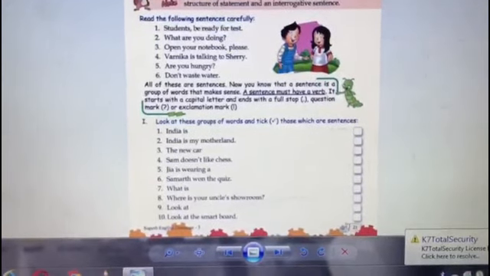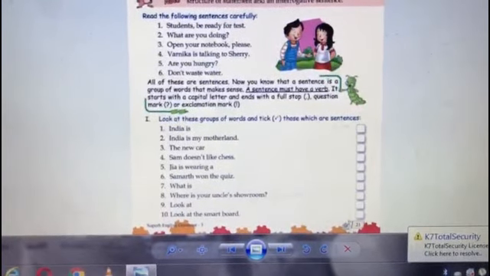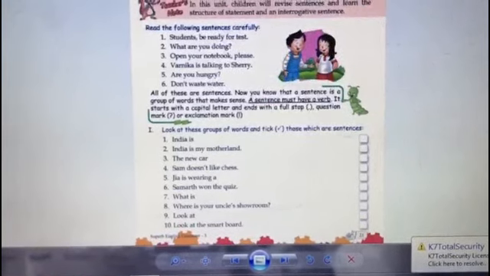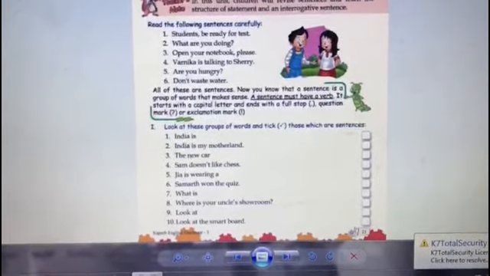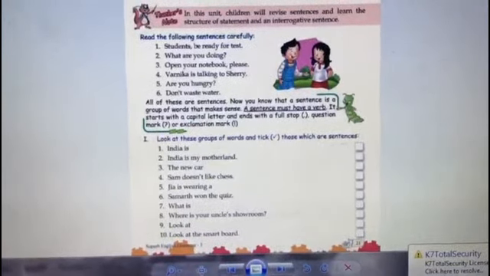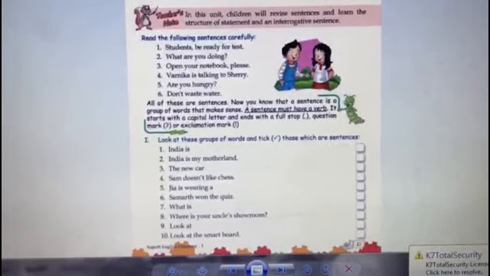So there are boxes. So number 1 is India is. So if you consider this is a statement or a sentence, then you tick mark in the box. If you do not consider this as a sentence, then you just cross it.